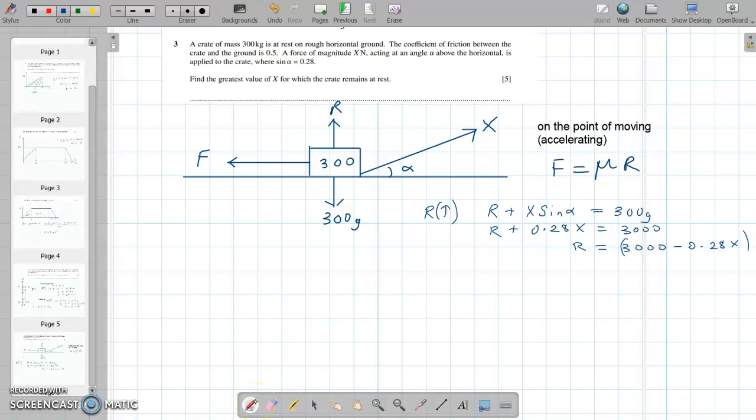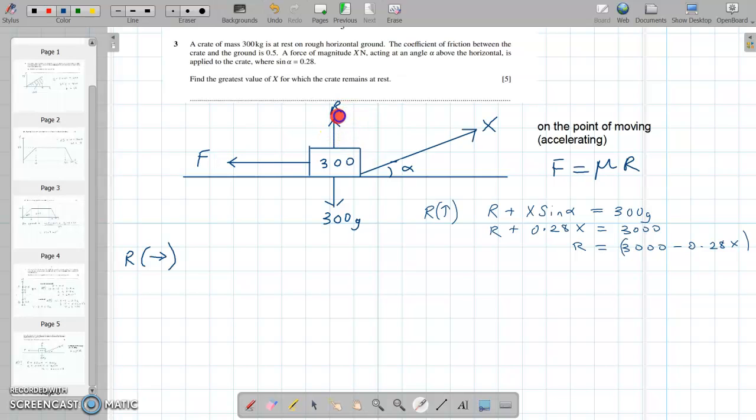Now we're going to resolve to the right. So, resolving horizontally to the right, we've also got zero acceleration, so we're in equilibrium, so we can say the forces to the right equal the forces to the left.